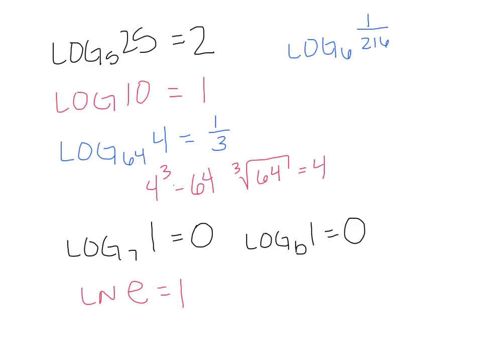Well, 6 times 6 is 36. Times 6 again, 216. So we know that 6 cubed is 216. Now to make it a fraction, we need a negative exponent. So instead of cubed, it's -3. The power that makes 6 into 1 over 216 is -3.